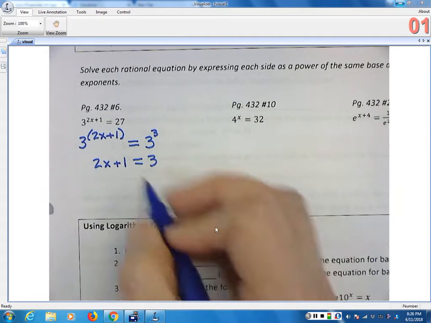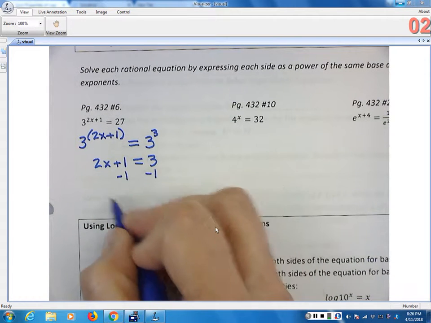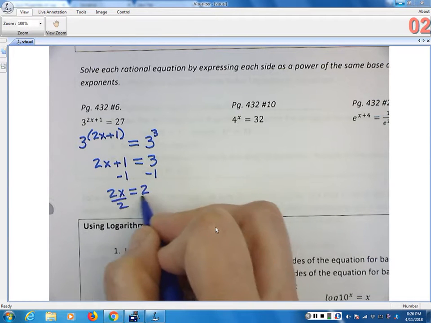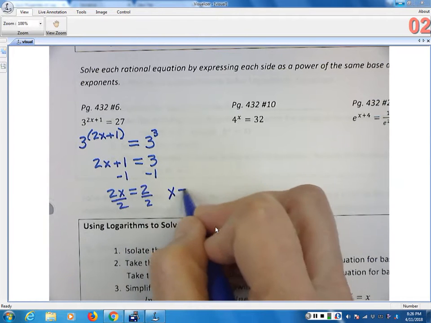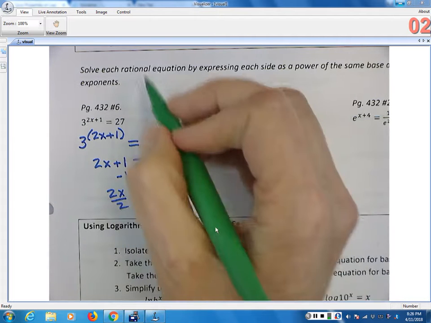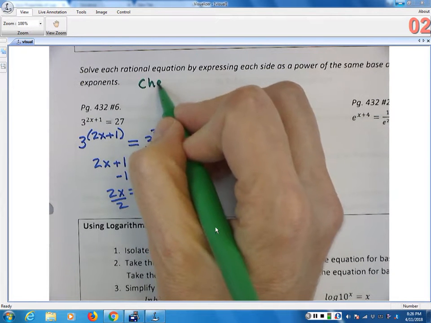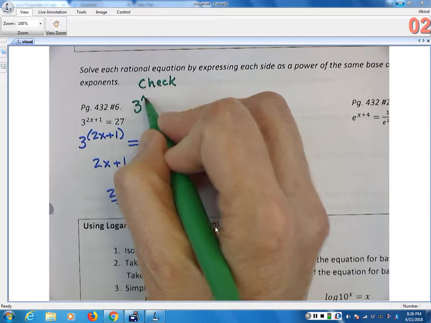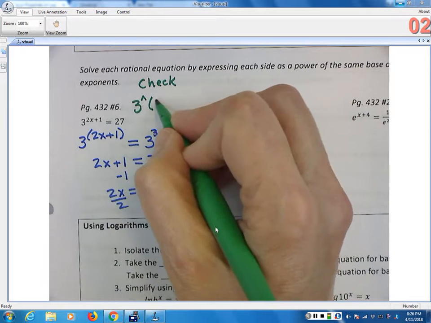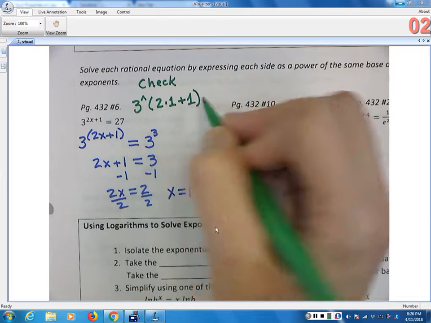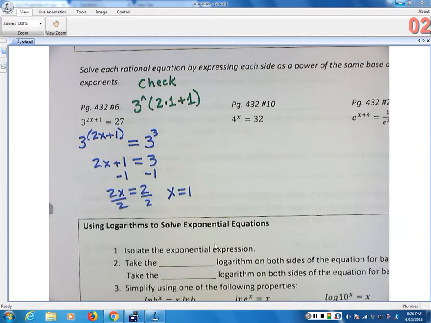We subtract the 1. 2x equals 2 when we divide by 2. So x equals 1. And now we can check. We're going to take your calculator and put in 3 to the parentheses 2 times 1 plus 1. We can just put that right in the calculator to check.